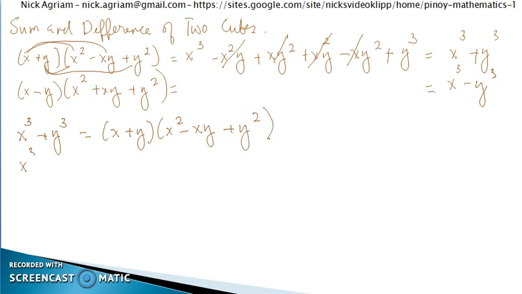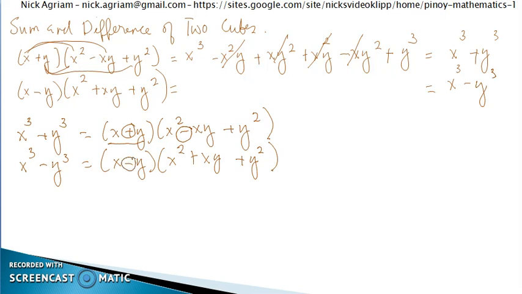If I have the difference of two cubes, that is the product of these factors, x minus y multiplied by x squared plus xy plus y squared. As you can see, if the binomial is positive, then the second term of the trinomial is negative. If the binomial is a difference, then all of the trinomial is positive.